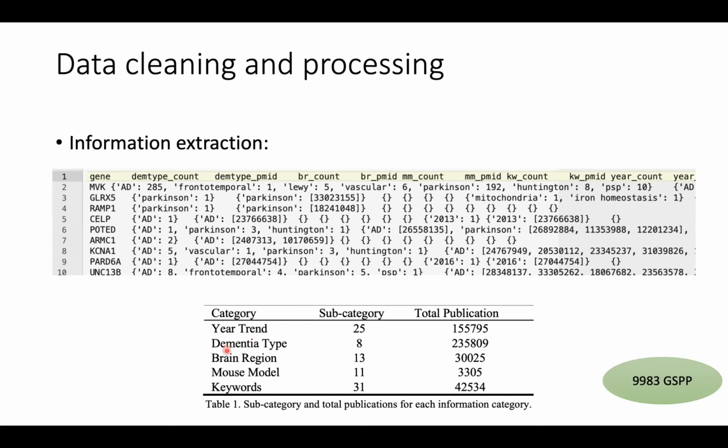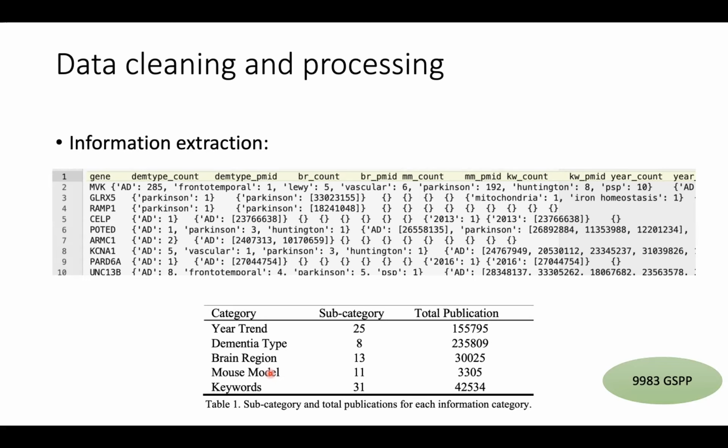For dementia type, we have 8 different dementia types in our extraction. We have brain region information, with 13 different brain regions. And for mouse models, we currently identified 11 different mouse models for AD. We try to identify this information in the publications.